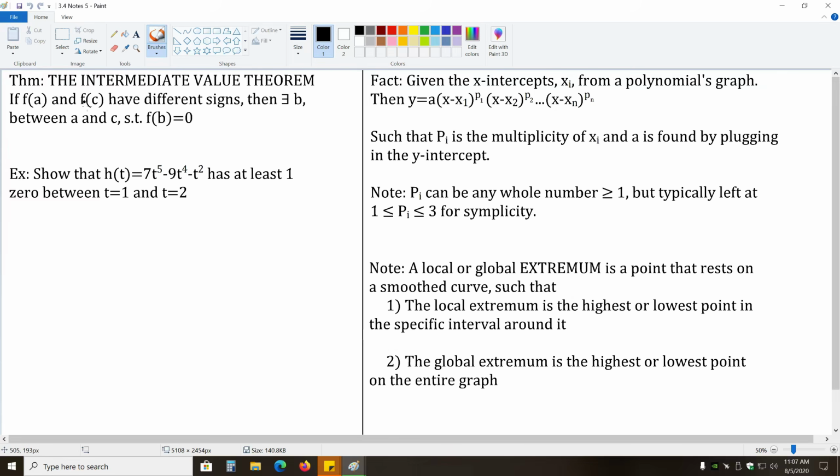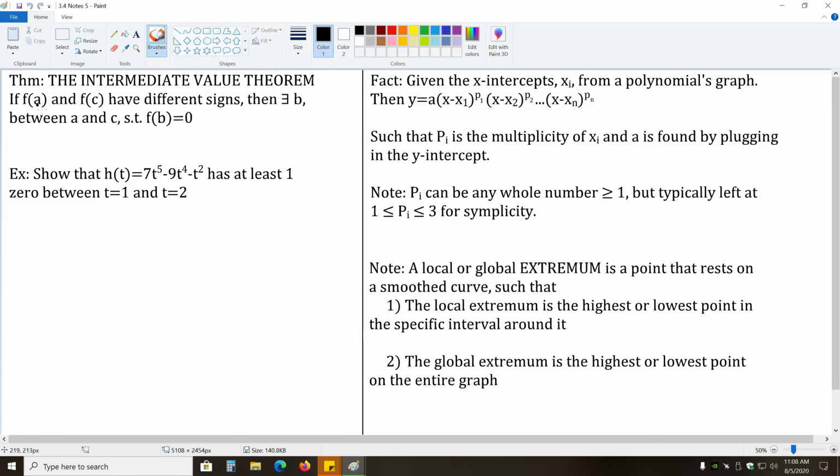The intermediate value theorem says if f of a and f of c, meaning if you take the values x equals a and x equals c and plug them into your function f, if those function values have different signs, meaning one's positive and one's negative, then there exists, this is our there exists symbol, a backwards looking capital E, then there exists a b between a and c such that f of b equals 0.